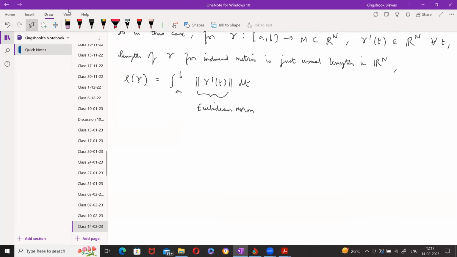So now fix p, q in M. Suppose gamma is a C2 curve from p to q of minimum length.